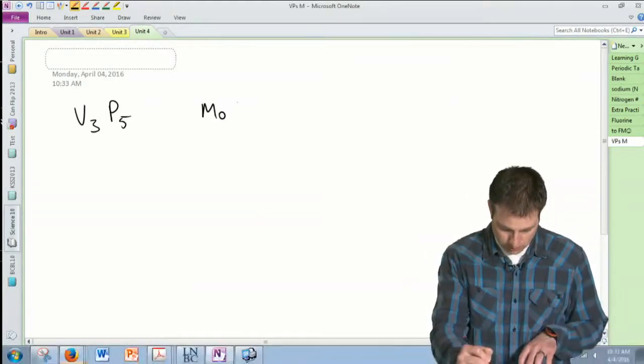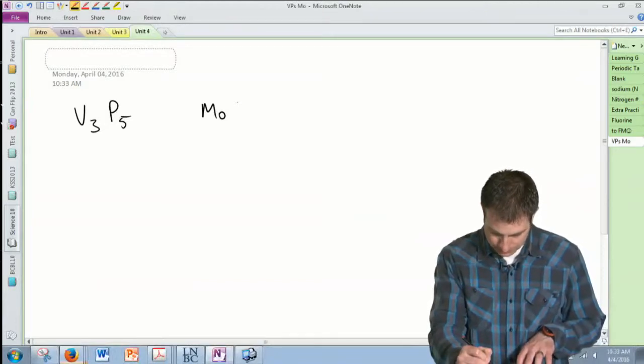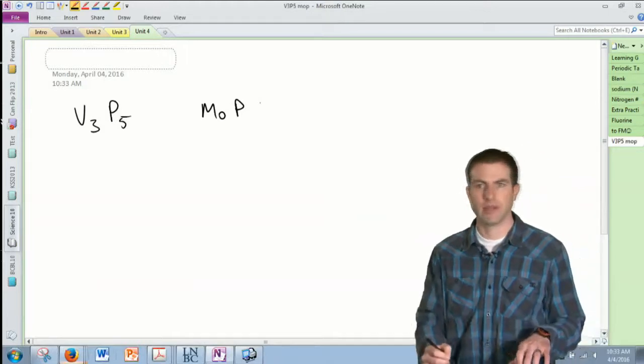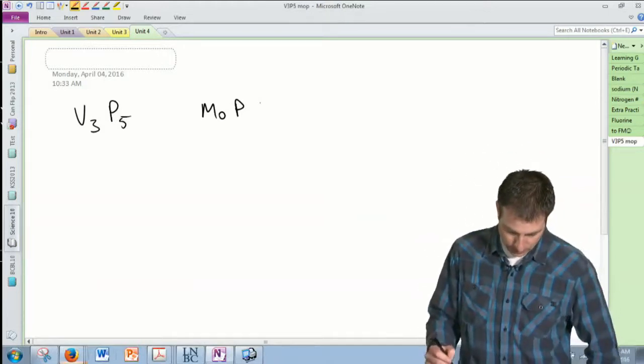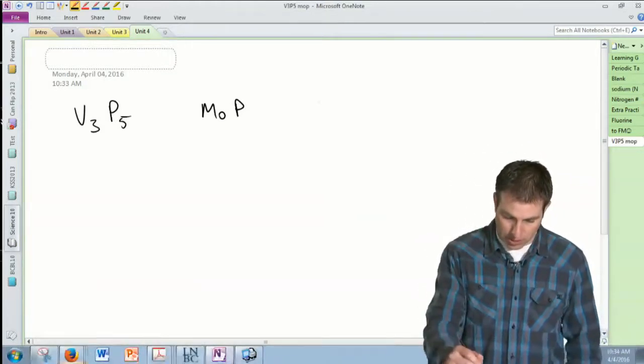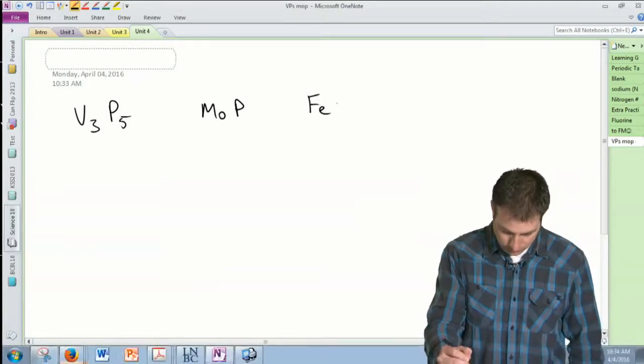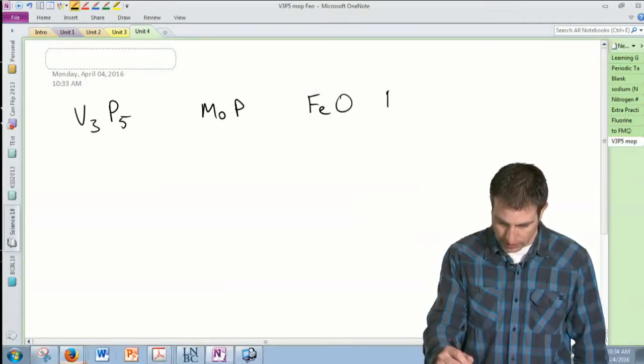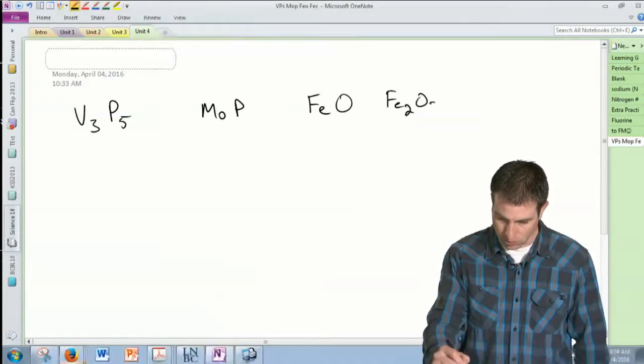Mo P. There you go. There's another one. Iron happens all the time. Iron is Fe. Let's go with FeO and Fe2O3.